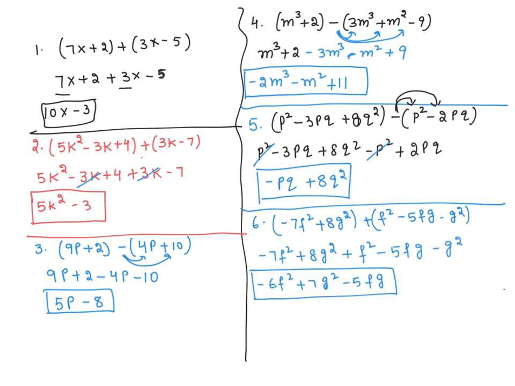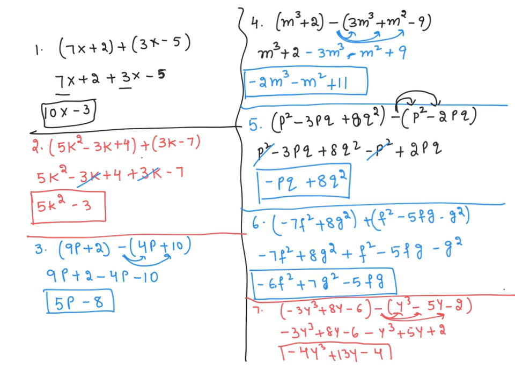For number 6, you're going to rewrite these two polynomials without the bracket sign and make sure there is this plus sign. This time, you do not distribute the negative or change anything inside. Now combine the like terms. Negative 7f squared plus f squared is negative 6f squared. 8g squared minus 1g squared is 7g squared, and negative 5fg, and that's going to be your answer.